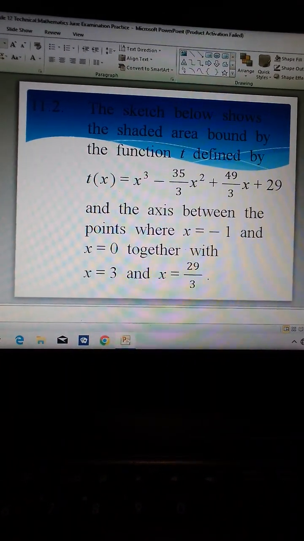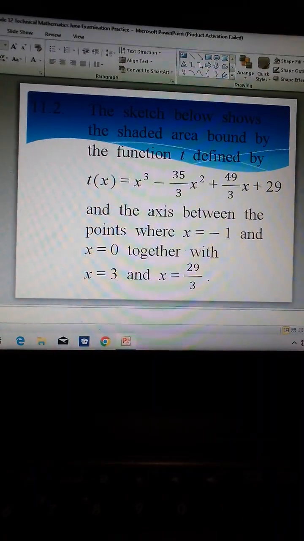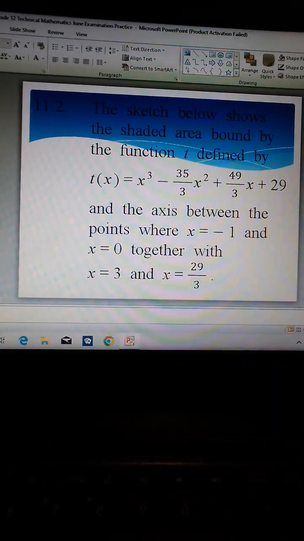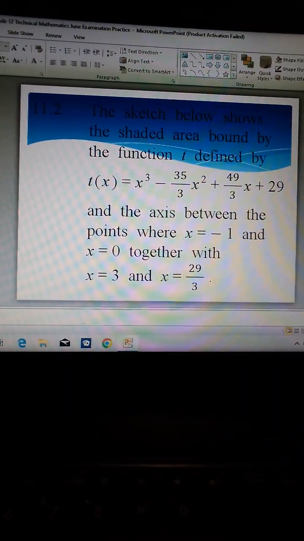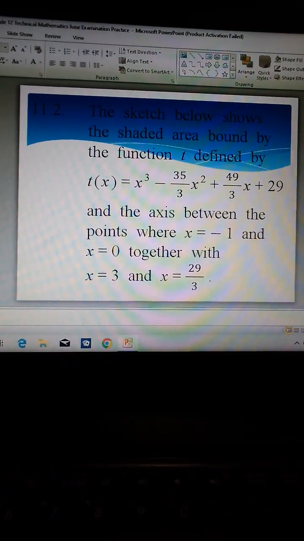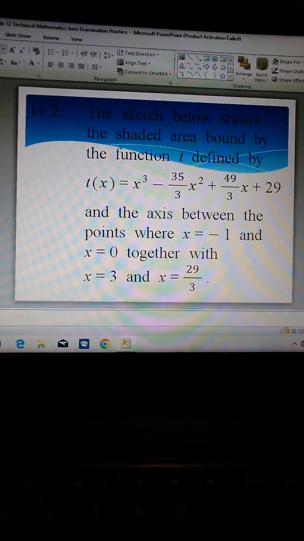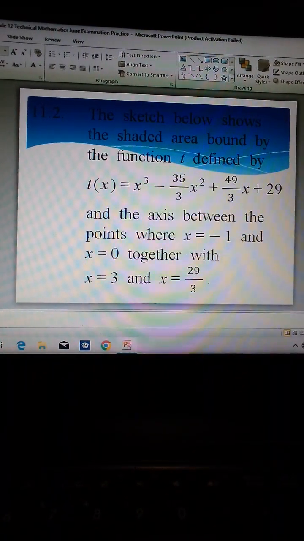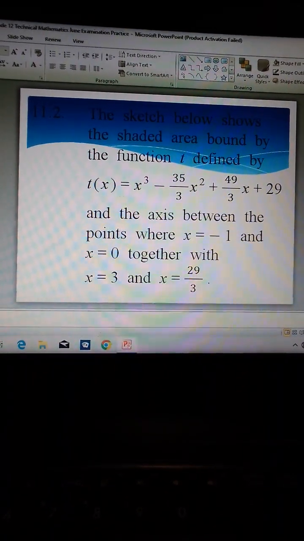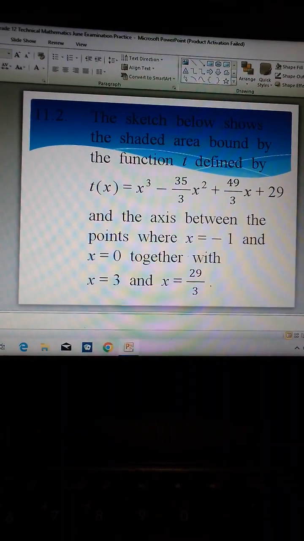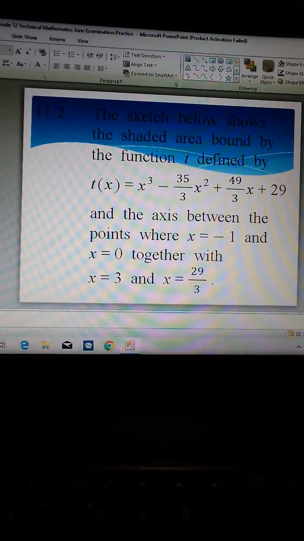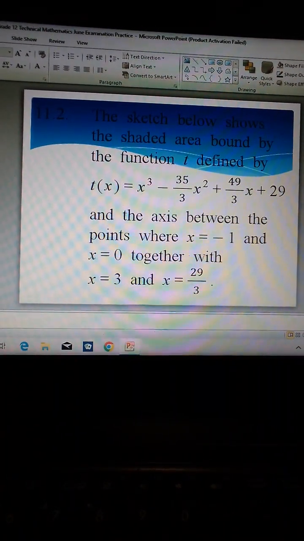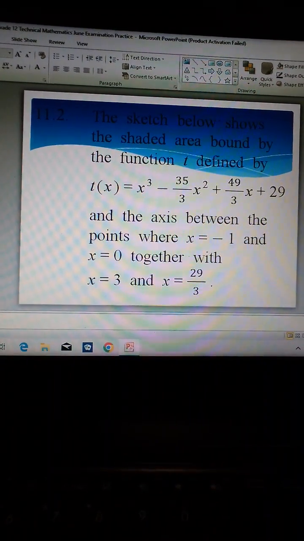So that's the integration of the cubic function, where you have to find the shaded area. I haven't yet drawn the sketch, but please try to visualize it and try to find the overall shaded area if possible, which is between x is equal to negative 1 and x is equal to 0 together with x is 3 and x is 29/3.